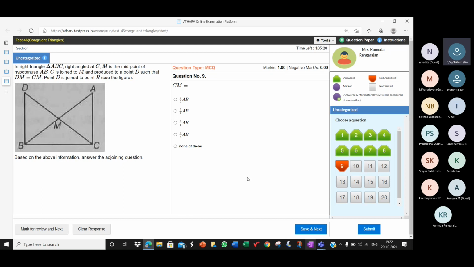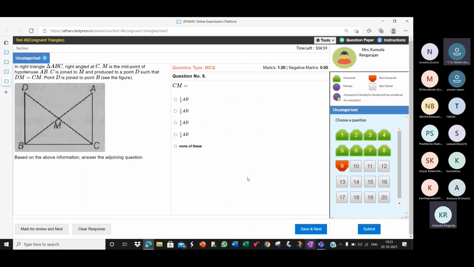CM is half of DC, so half of DC is equal to half of AB. So CM is equal to half of AB.